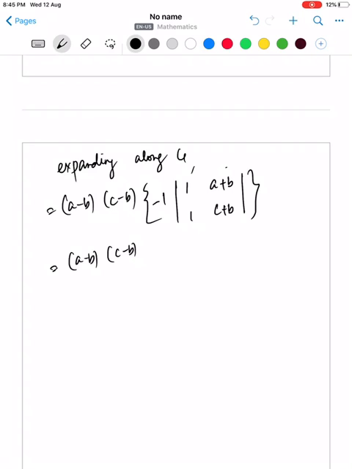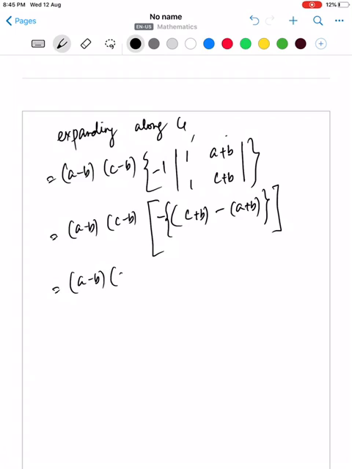A minus B, C minus B, and this one is how much? Minus of, multiply this one, C plus B. Let's remove this bracket, and put a third bracket here. This minus sign is there, and 1 into C plus B is C plus B, right? Minus of A plus B. Yes, sir.